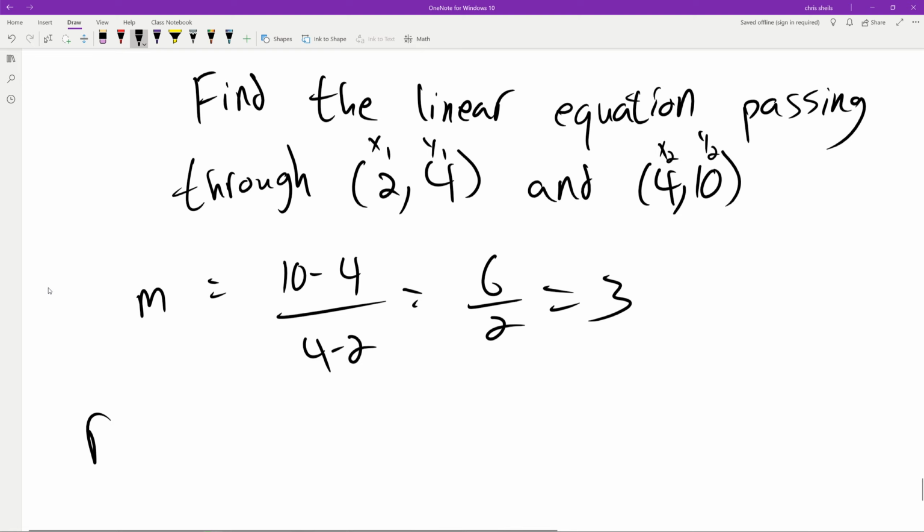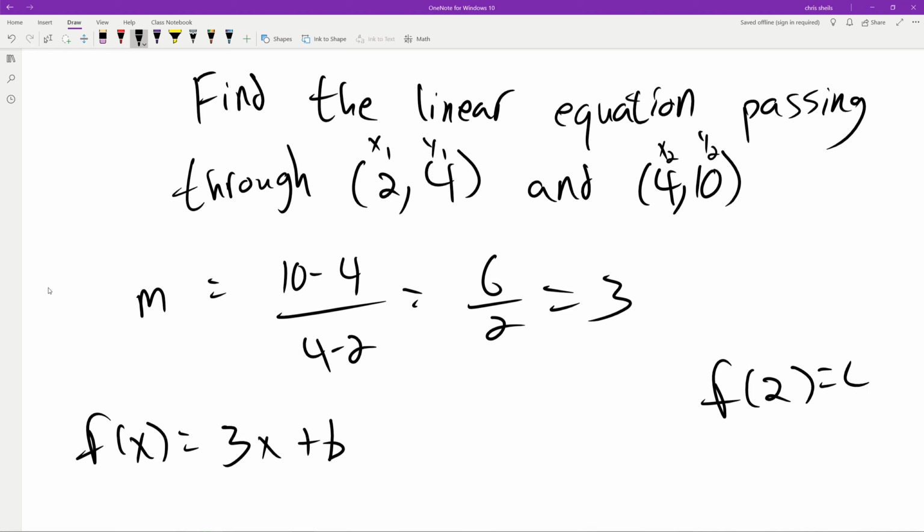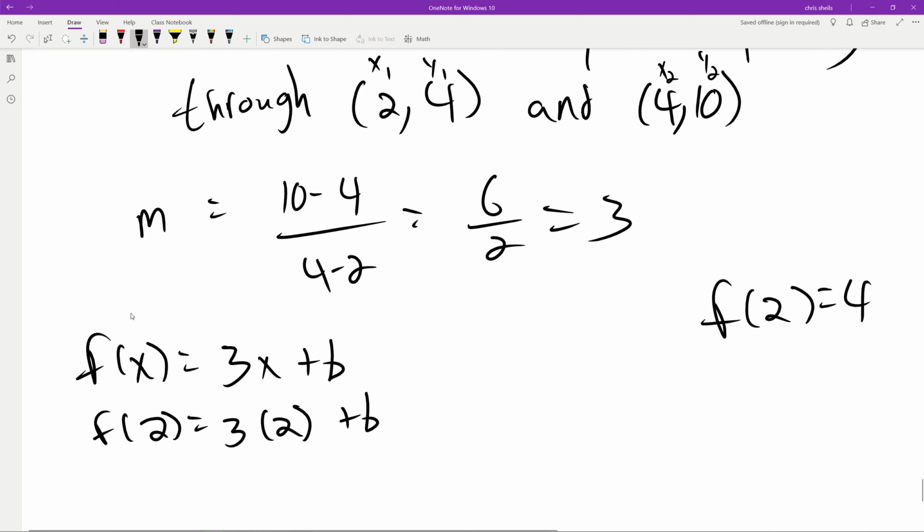So I know that f of x equals 3x plus some b. I know here that f of 2 is 4, since I have the point 2, 4. So I know that f of 2 is equal to 3 times 2 plus b. Well, I know this is 4.